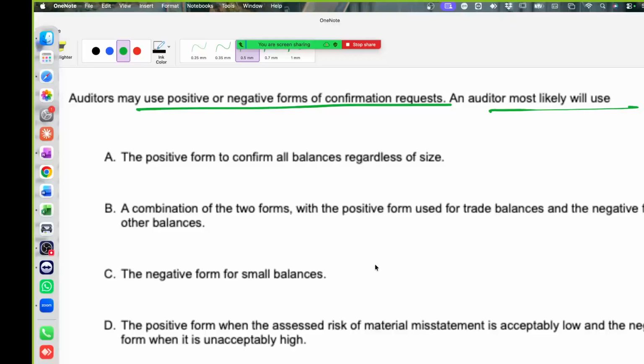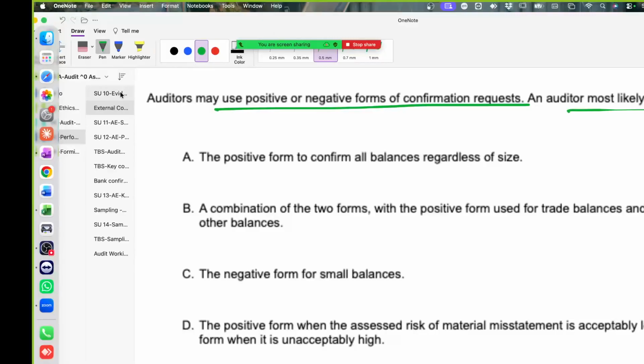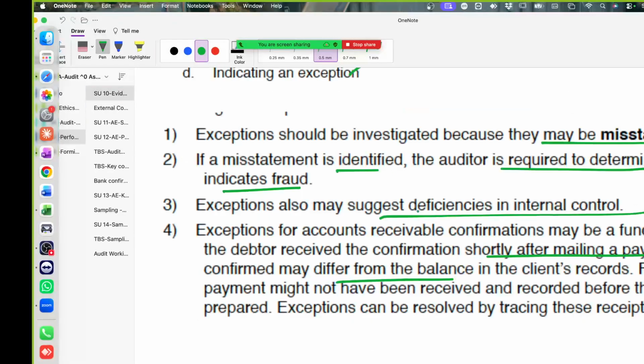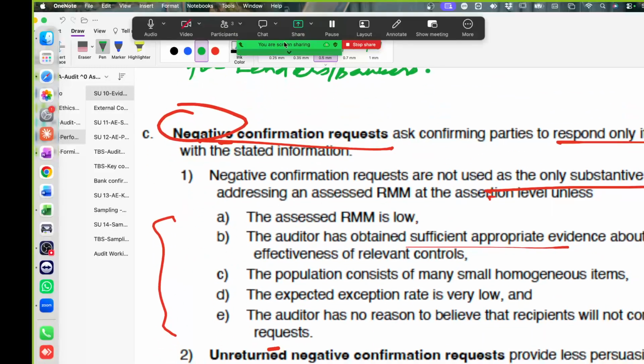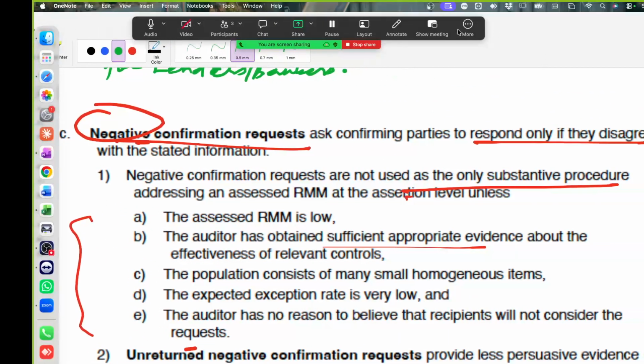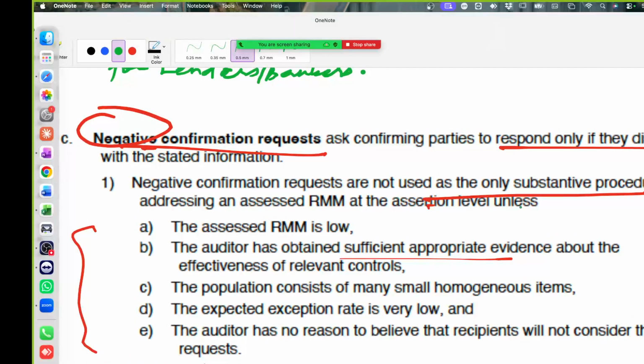Let's see, maybe you're all telling B, but let's think about this. Negative confirmation if the RMM is low.